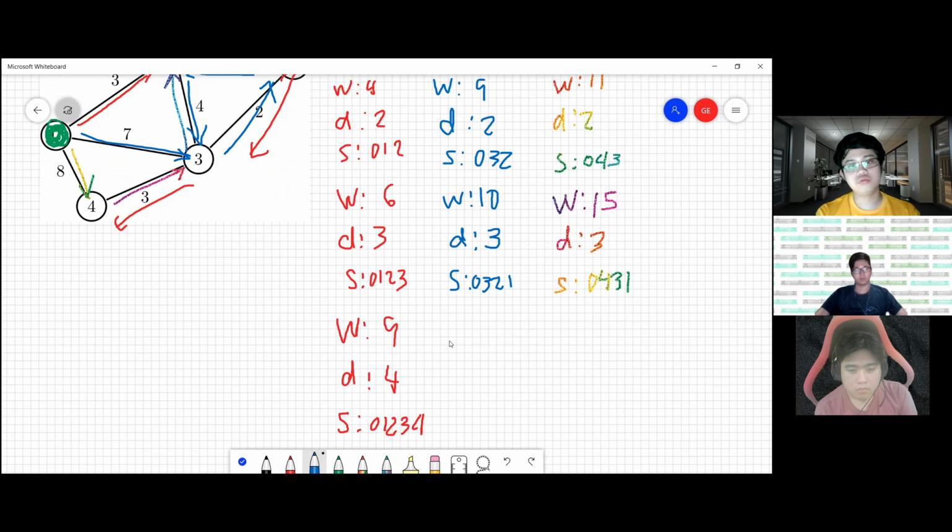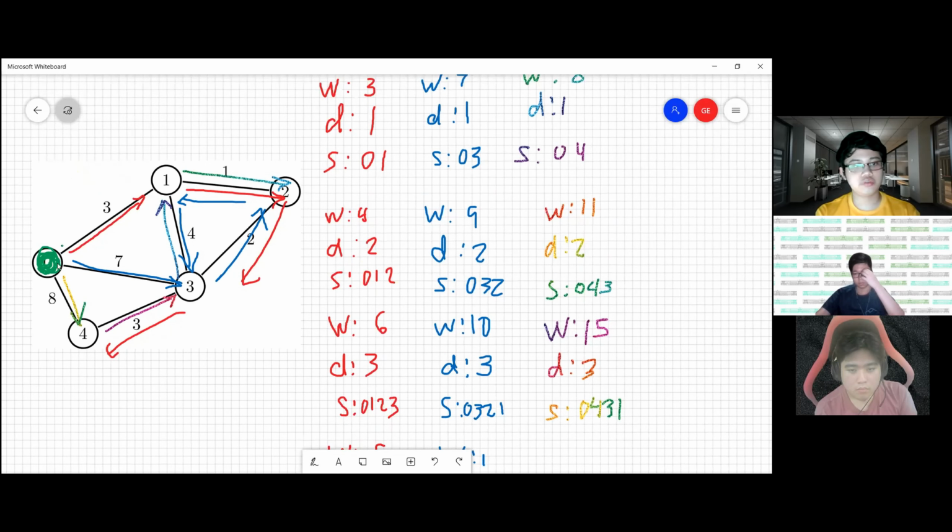So for blue, the weight is, since we started from the start, 3 plus 2, 7 plus 2, 9 plus 1, 10, and plus 4, 14.